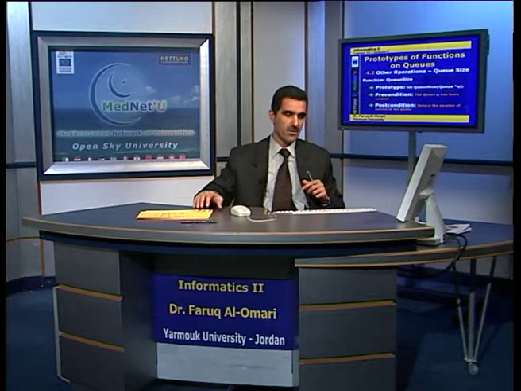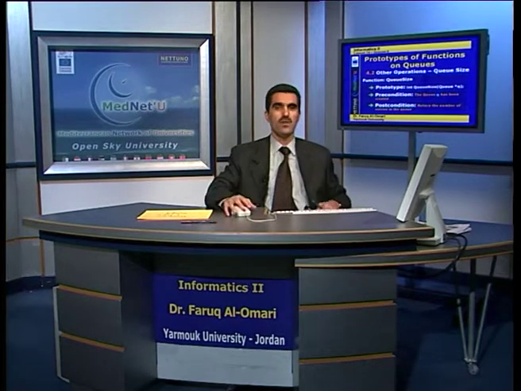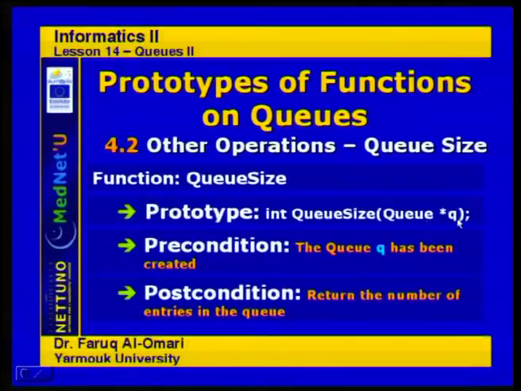And this is obvious, I assume. The only parameter I'm going to pass is a pointer to the structure of the queue, so star q or asterisk q. The precondition is that the queue is already created and has been initialized.